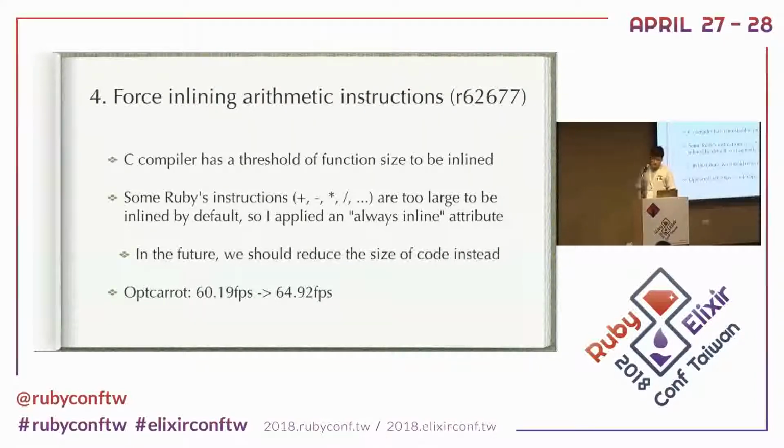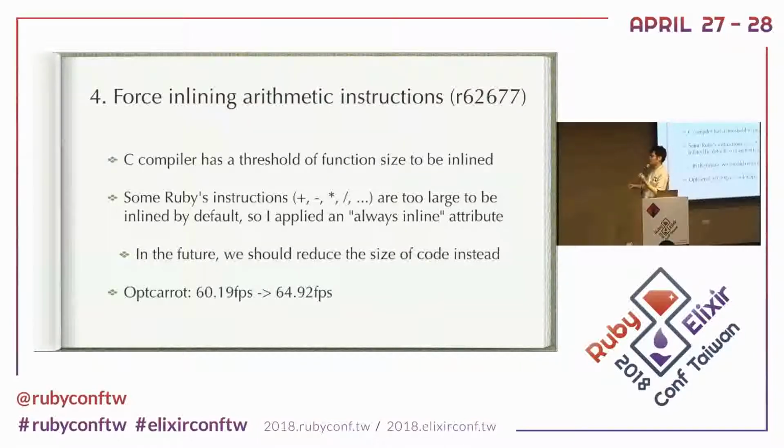Then I did other optimizations like just adding the force inline attribute to some plus or minus or multiply instructions. It's good to let the compiler optimize many instructions. And the C compiler has a threshold to inline a function or not. If the function is too big, the C compiler doesn't inline it, and some Ruby instructions are too complex to be inlined.